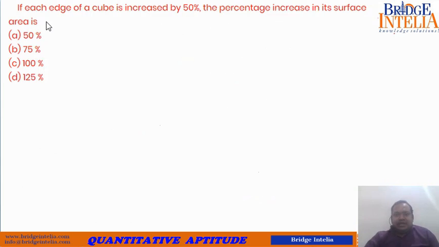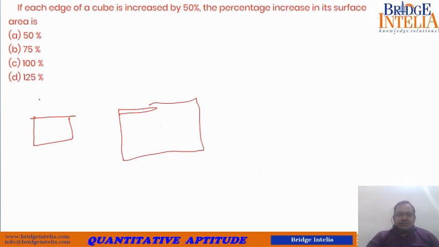So if each edge of a cube is increased by 50%, so 2 cubes, let us first find the scaling factor. So if this is 1, this is 1.5 increased by 50%. So what is scaling ratio?